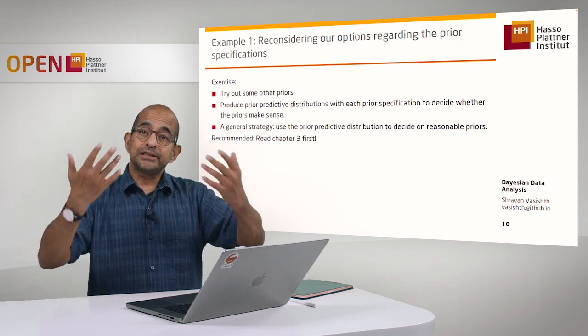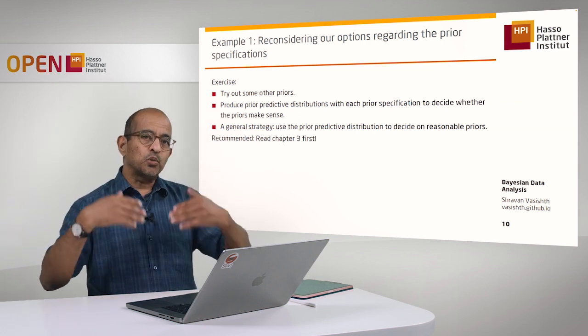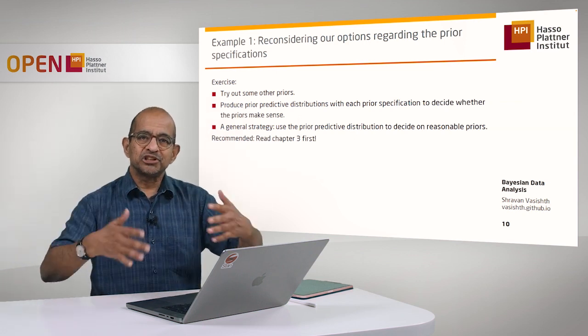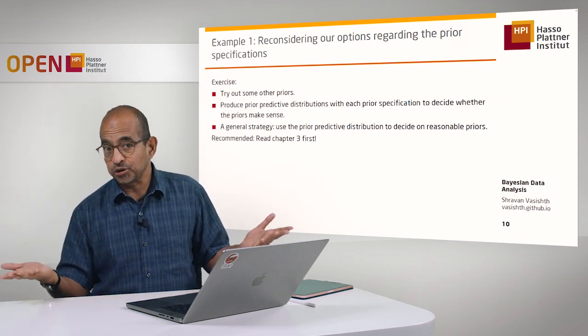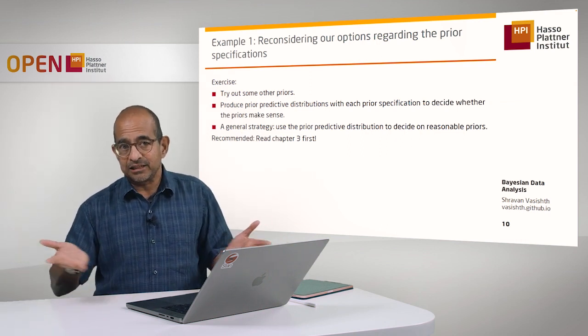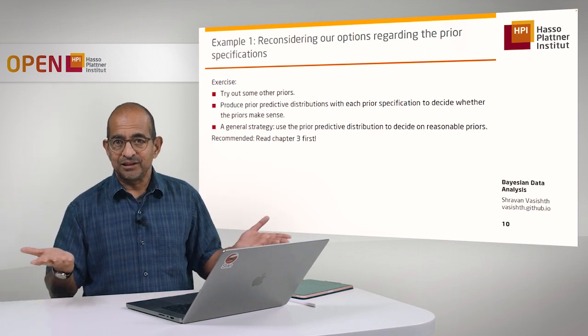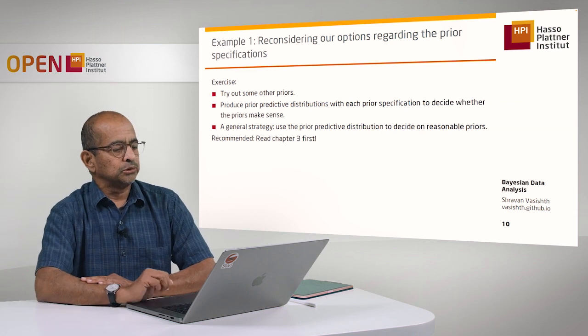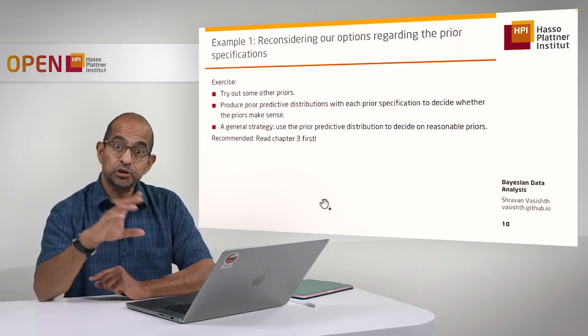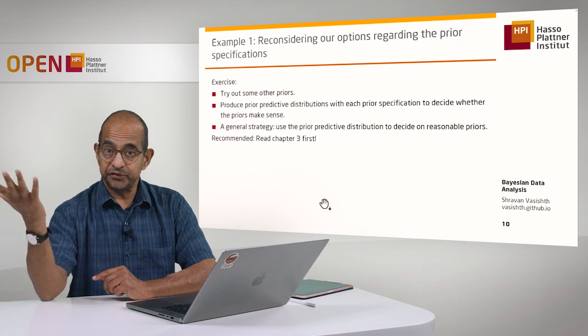Then your goal should be to check whether the prior predictive distributions are reasonable given your intuitive beliefs about what you think the data should look like. Reaction time data should have certain properties that would make sense even before you've seen any data. So you could look at the prior predictive distributions to diagnose the model before you've even seen any data.